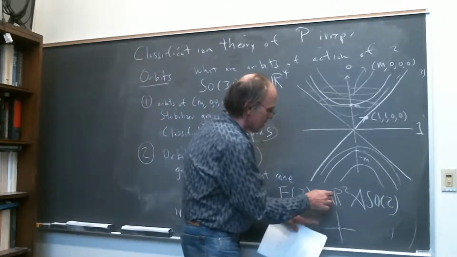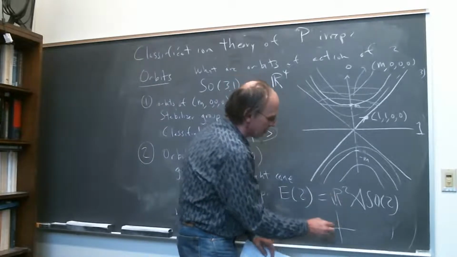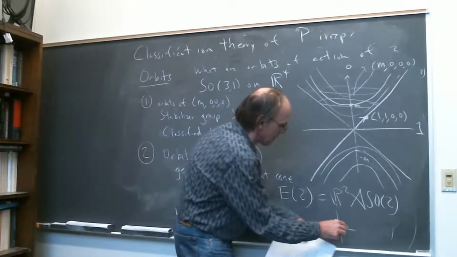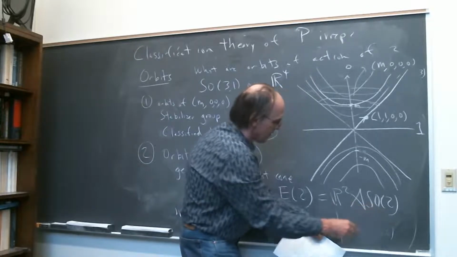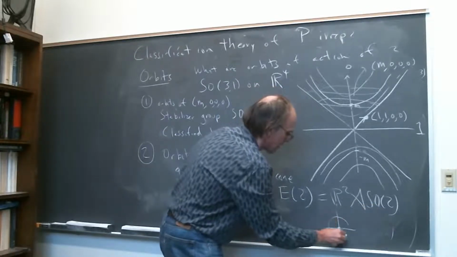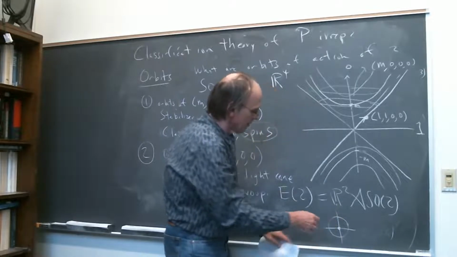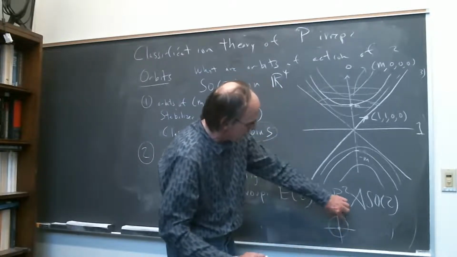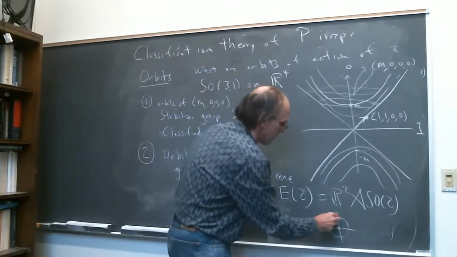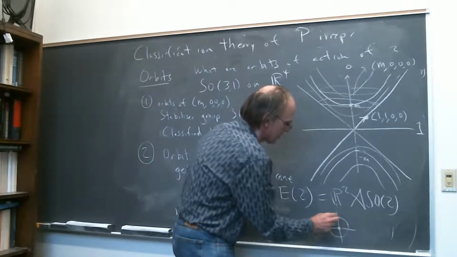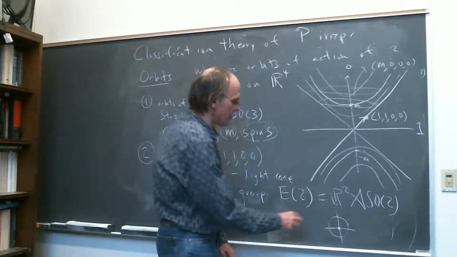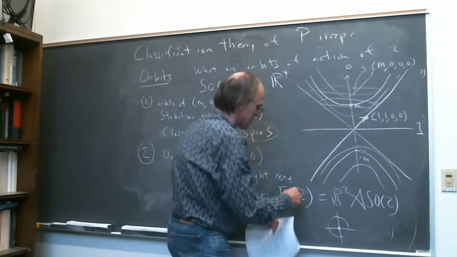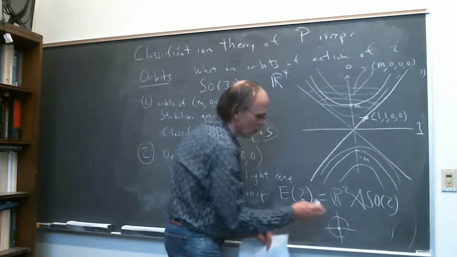There were the things corresponding to R2 acting trivially, the kind of zeros here, and then SO2 was some integer. And then there were the non-zero things, which corresponded to an orbit that was a circle. So there was some non-zero radius squared of this circle, and then the stabilizer of a point in the circle was trivial.